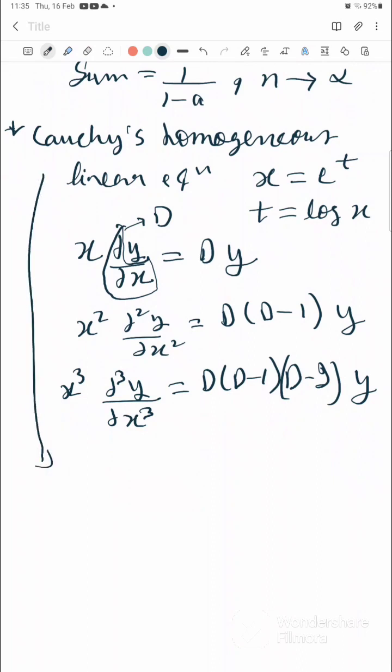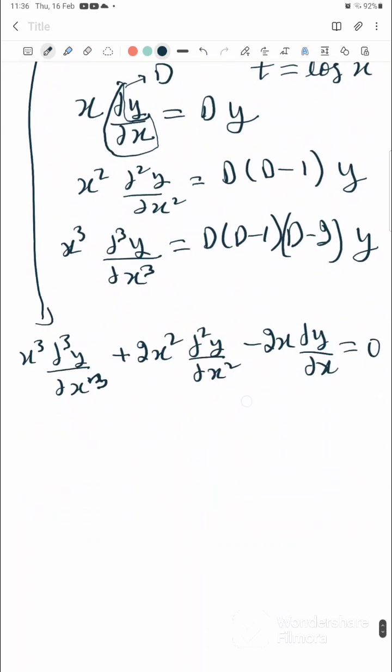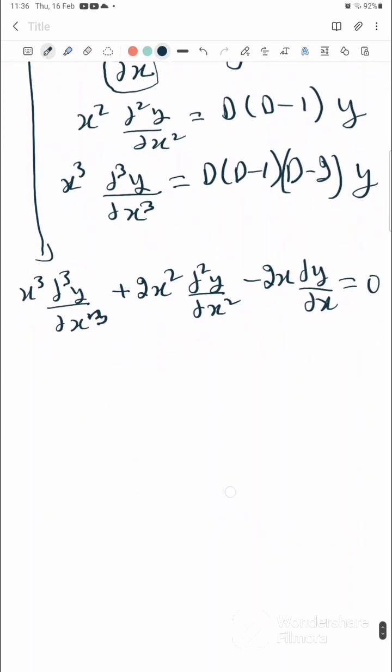This is Cauchy's homogeneous: x cubed d cubed y by dx cubed plus 2x squared d squared y by dx squared minus 2x dy by dx is equal to 0.